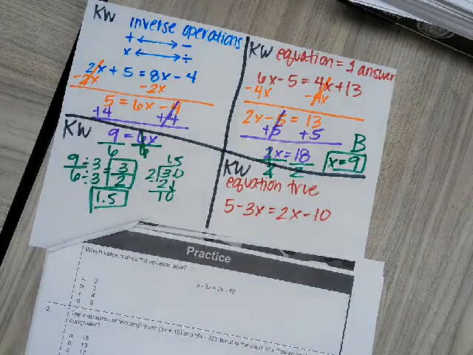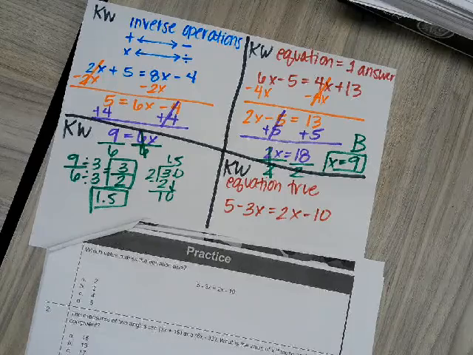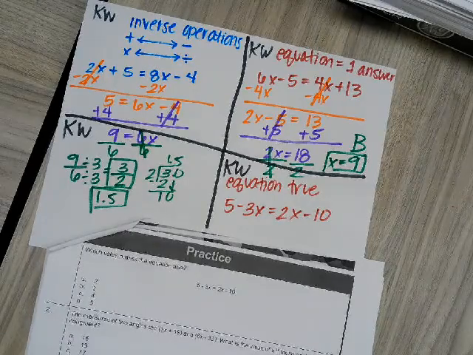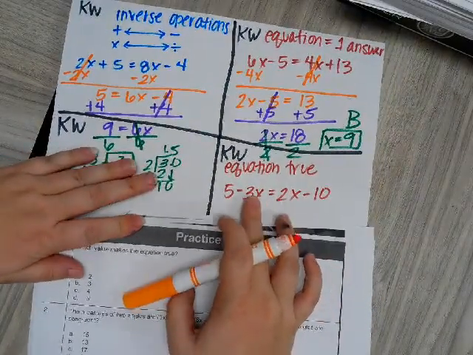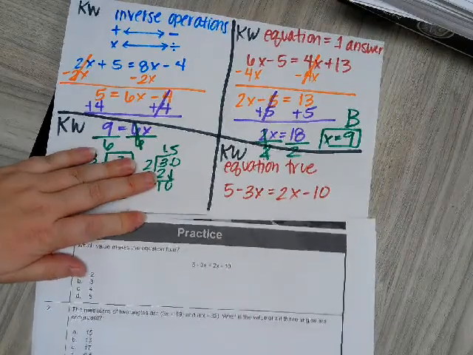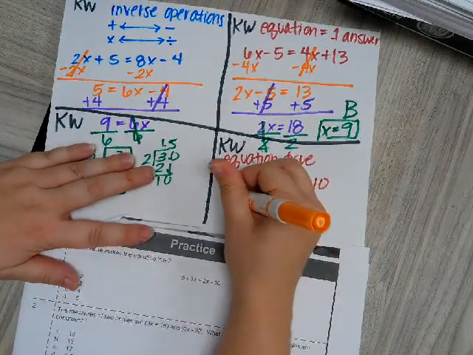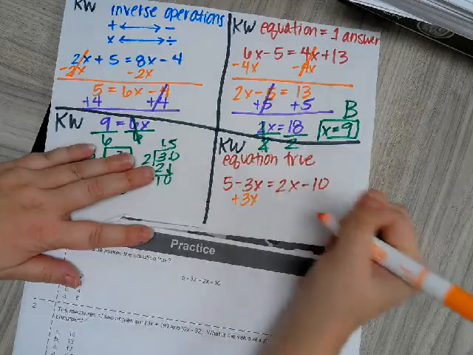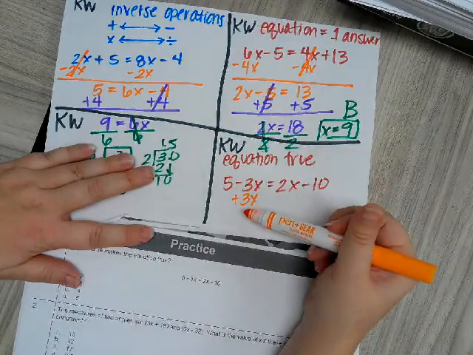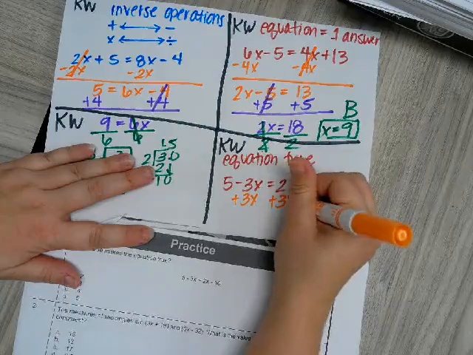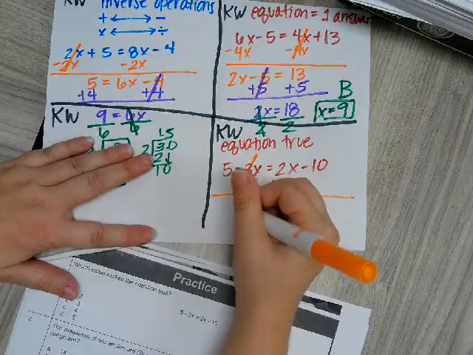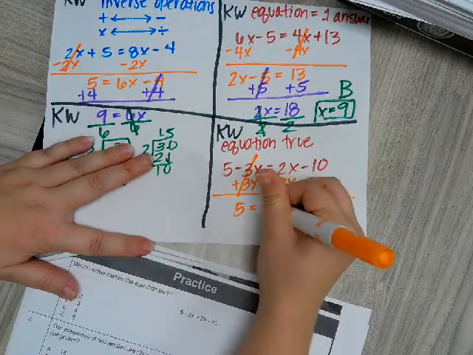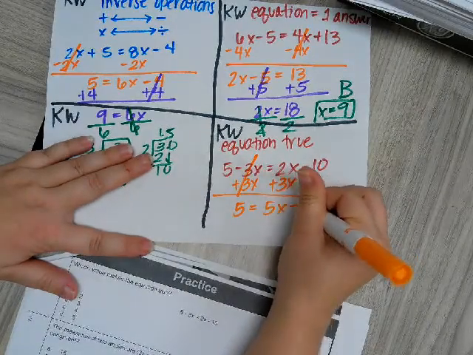I like to move my variables first. I'm going to move my smaller one. So between negative 3 and 2, negative 3 is smaller, so I'm going to move my negative 3x. The inverse will be plus 3x. Plus 3x. What happens to my x's? They cancel, so we have 5 equals 5x minus 10.